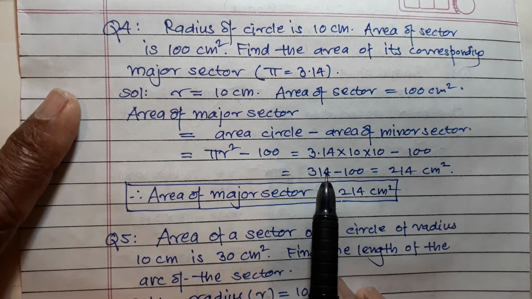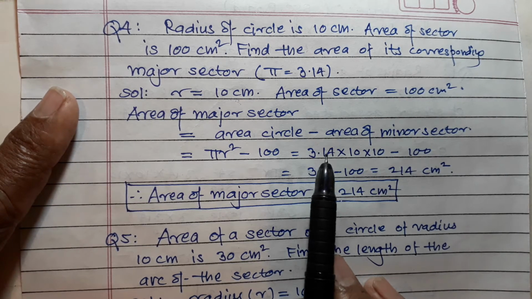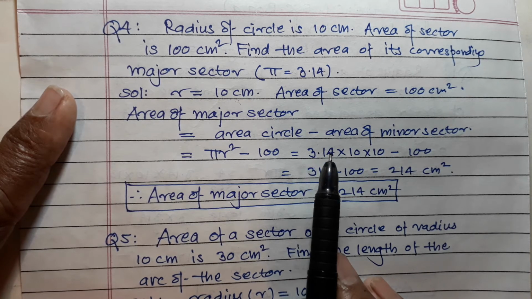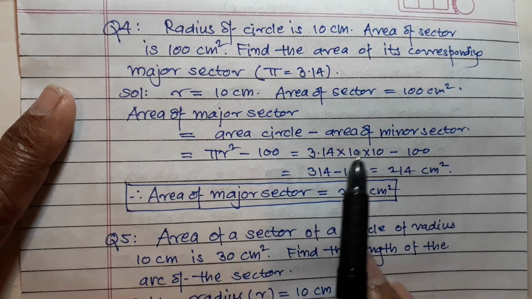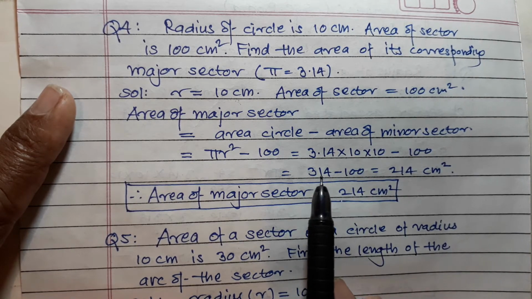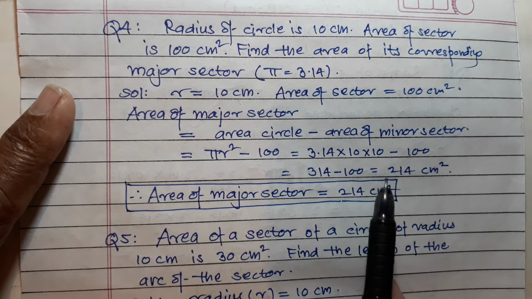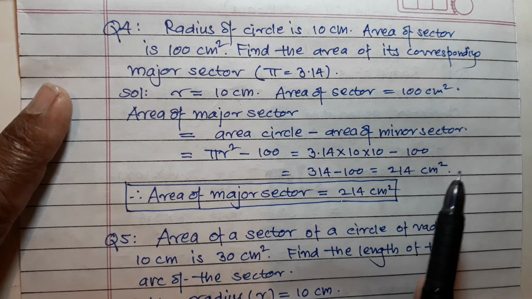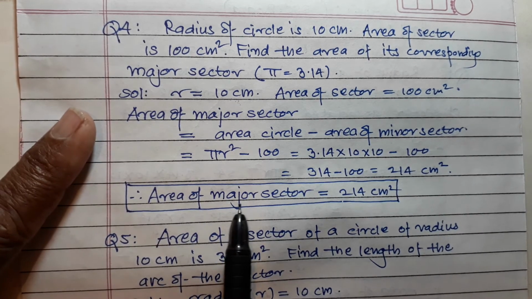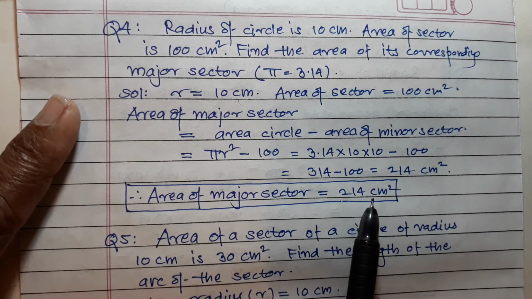So 3.14, here you simplify this. 3.14 is equal to 314 upon 100. So this 100 and this 100 get cancelled, and it is equal to 314 minus 100 is equal to 214 cm square, and hence area of major sector is equal to 214 cm square.